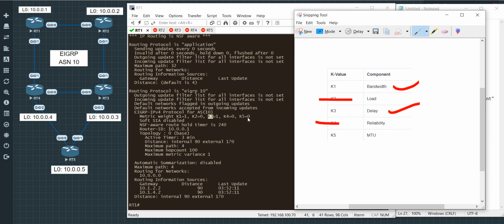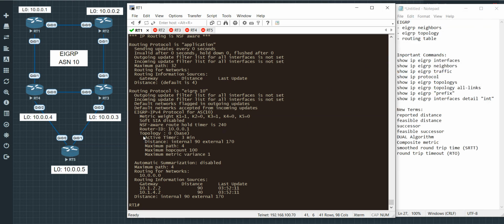And K value 5 equals 0, so that's not going to be used either, which is the MTU. So by default, EIGRP would use K value 1 and K value 3, which is bandwidth and delay, to calculate its metric. It's important to know these K values, and here's a quick reference of what each one of them is.